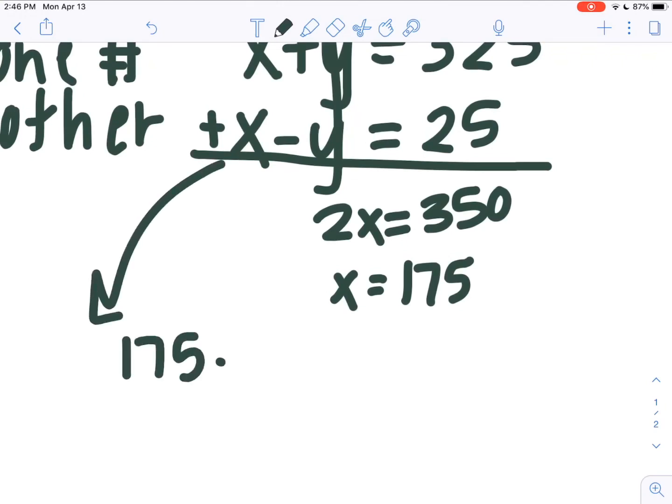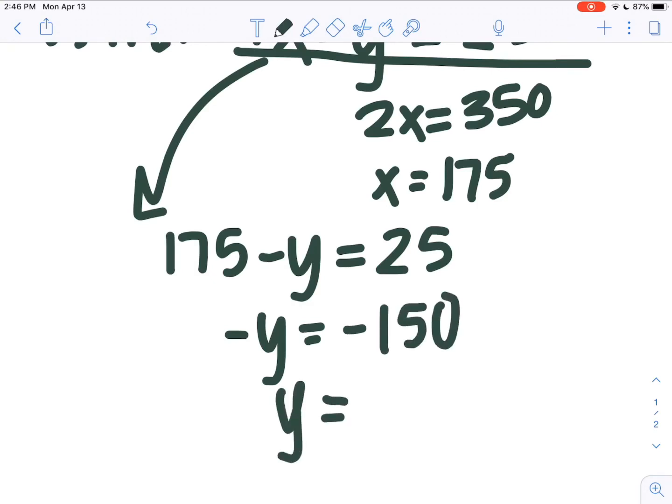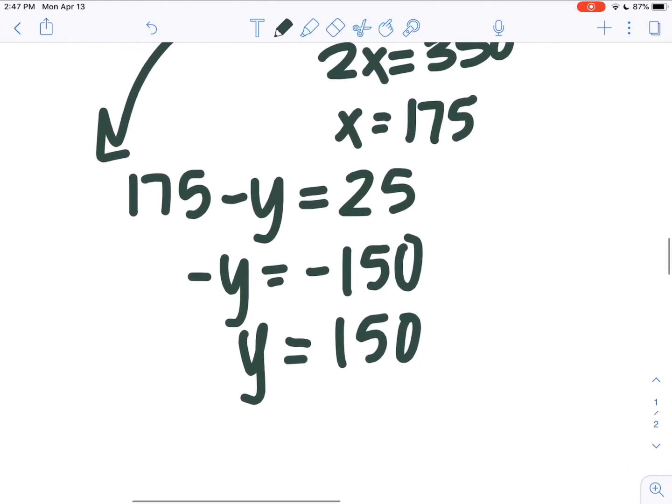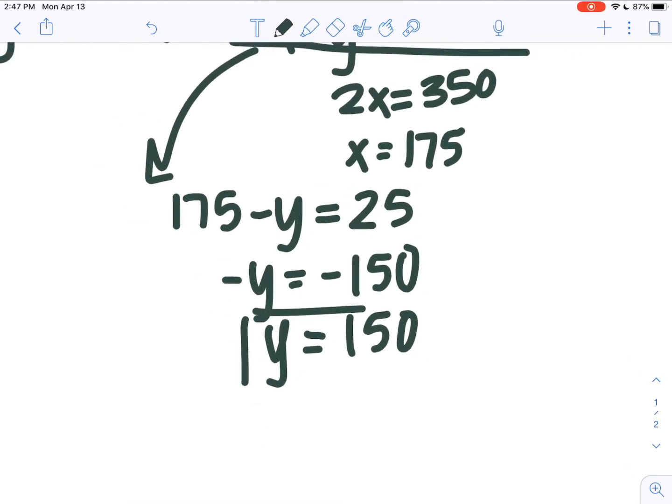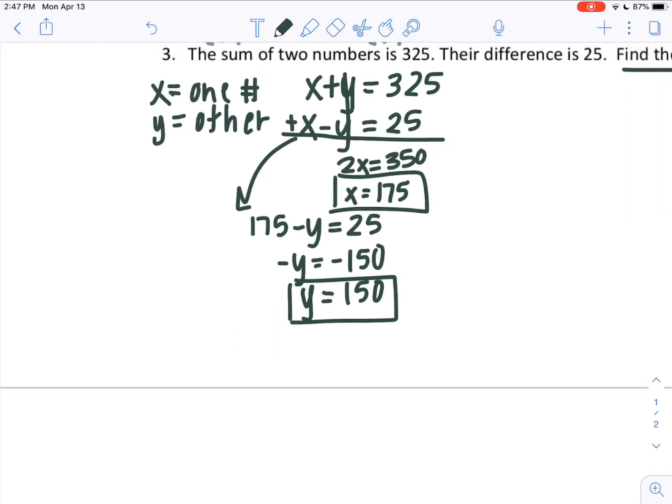So 175 minus y equals 25. Negative y equals negative 150. So y equals 150. Okay? And this one is okay just to circle your two answers. And I misspoke. Actually, it could be y minus x. It doesn't matter. You'll still get the same two numbers.